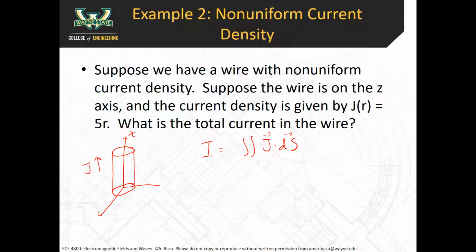And then figure out your limits of integration, and then figure out the current. Oh, I should also mention the radius of the wire is A. So just assume that it has a radius of A.